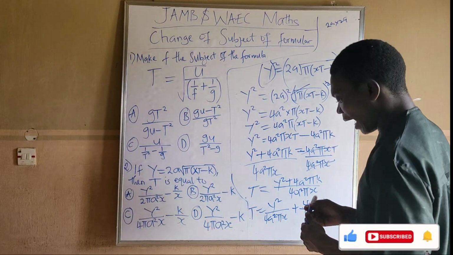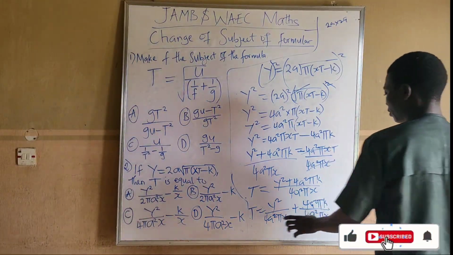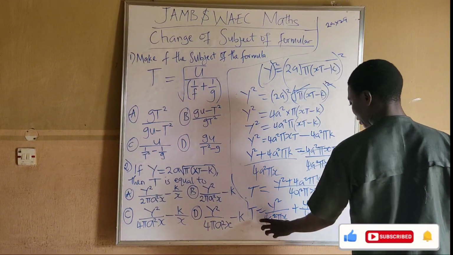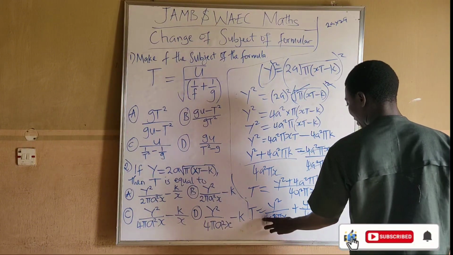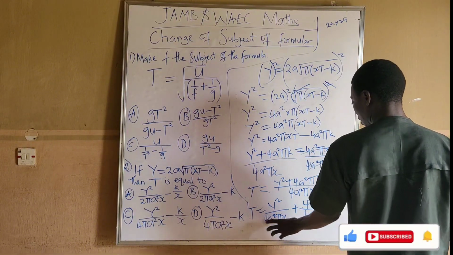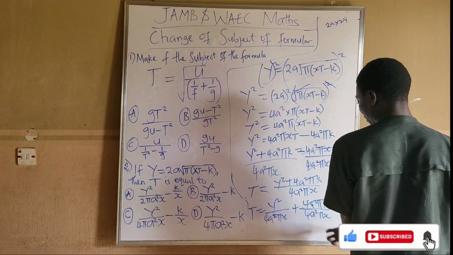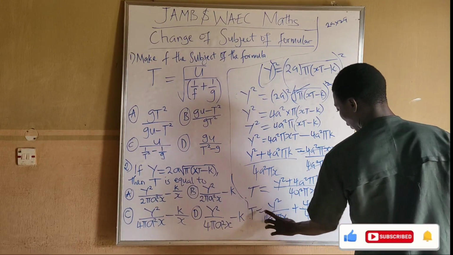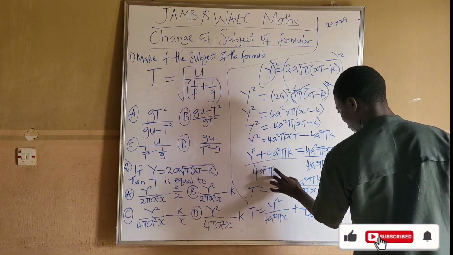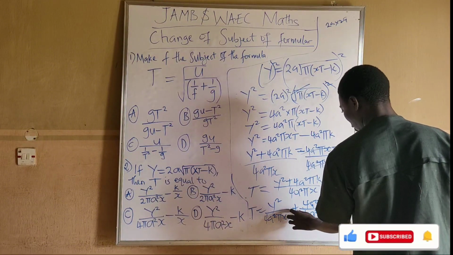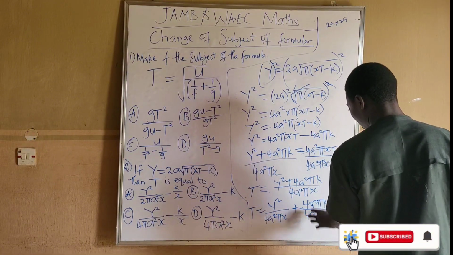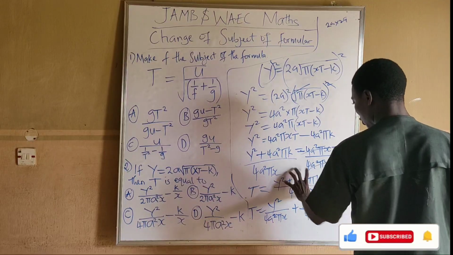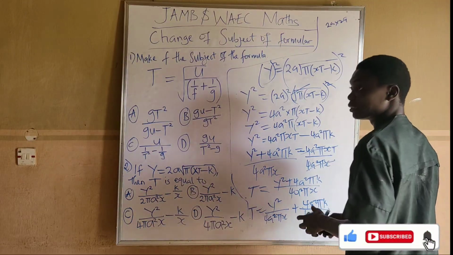It's still the same thing. Why? Because, for example, if you have to find the LCM of this and this, they are still the same thing. So the LCM of this and this is still the same thing, 4a squared pi x. That is what it will give you. So let's assume this is the LCM. This one goes here, 1 times this will give you y squared, plus this one goes there, 1 times this one will still give you this. So it will still arrive at this. So it's still the same thing.